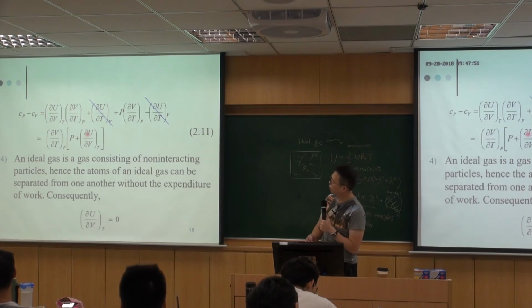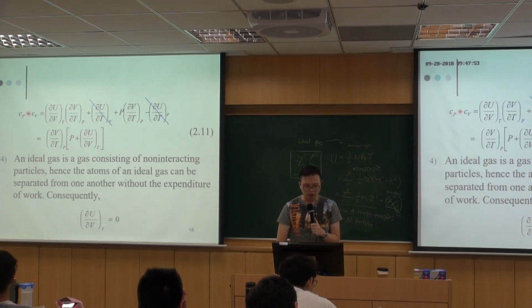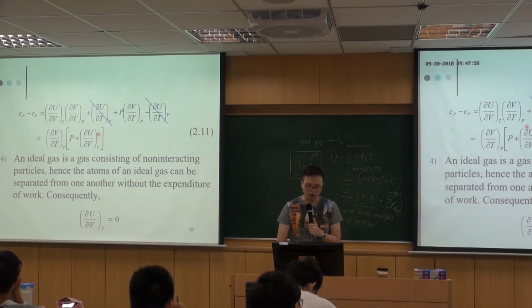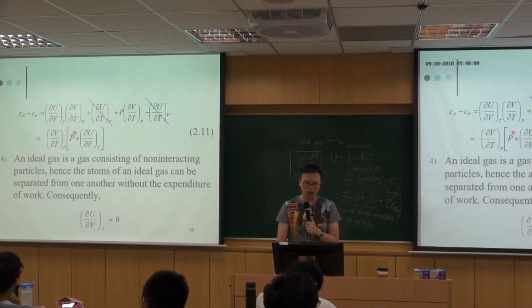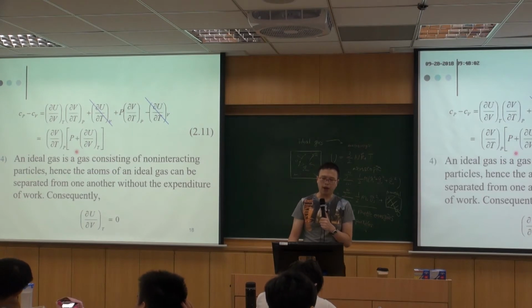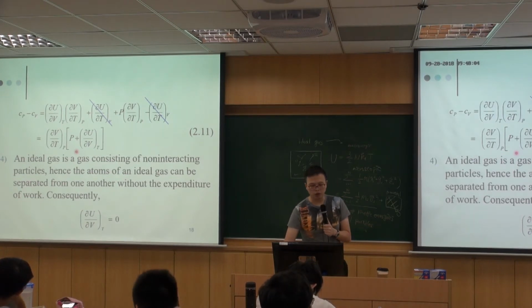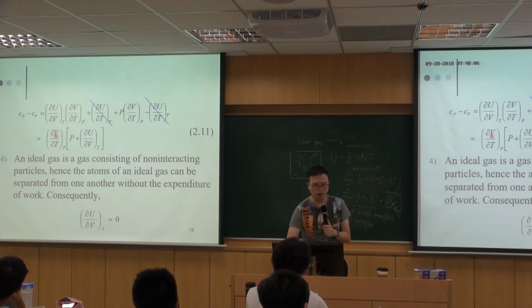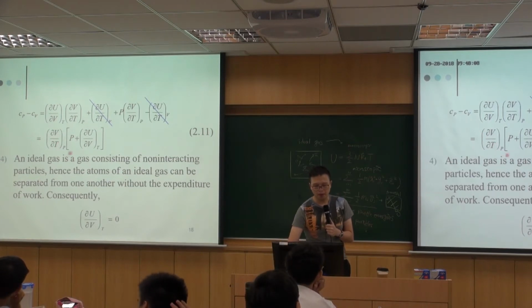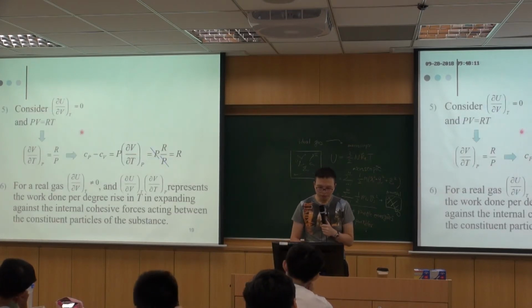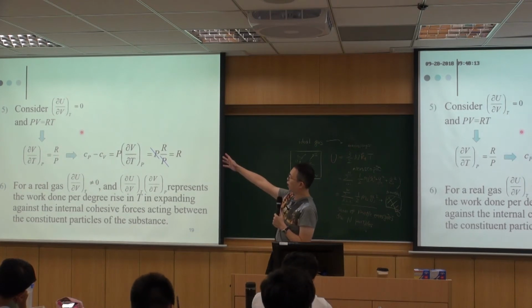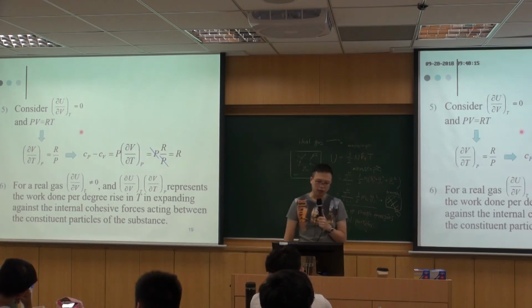Therefore, the conclusion here is that for Cp minus Cv, we have this expression. Generally speaking, we have this expression. However, if you're dealing with an ideal gas, it can be reduced to just P times partial V partial T, because this term is 0.